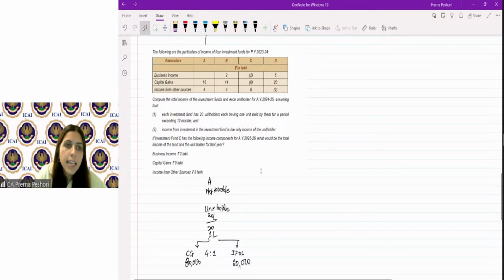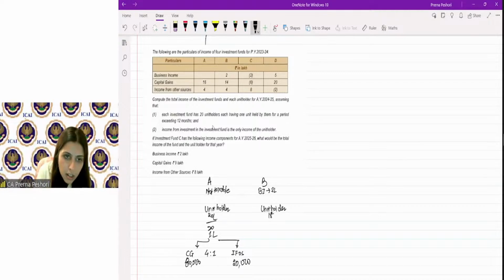Yes, Geeta. So in the case of B, business income will be 2 lakh, which will be taxable in the hands of B. And for the unit holder, this shall be 18 lakh divided by 20.